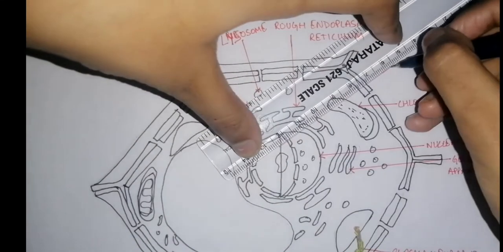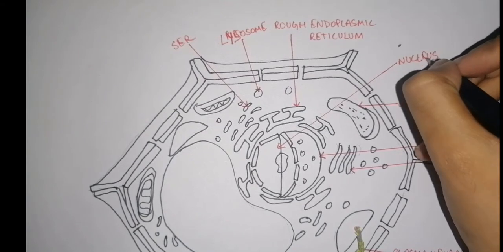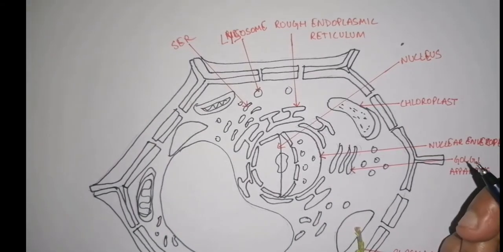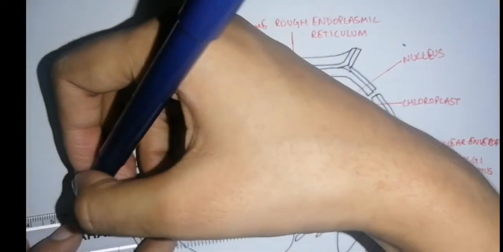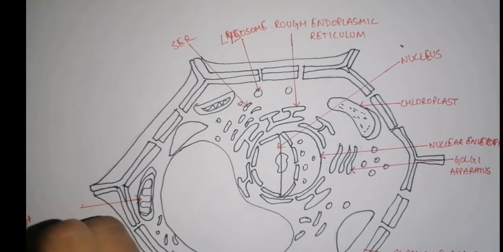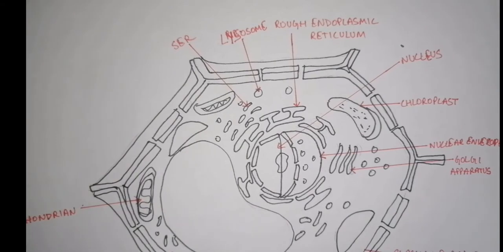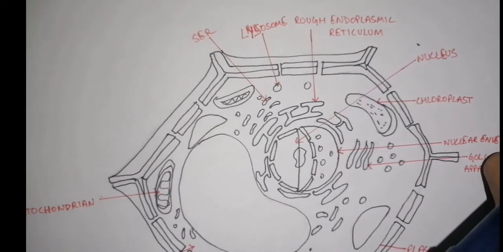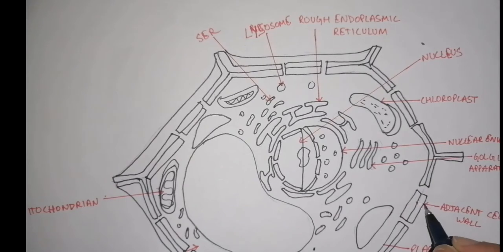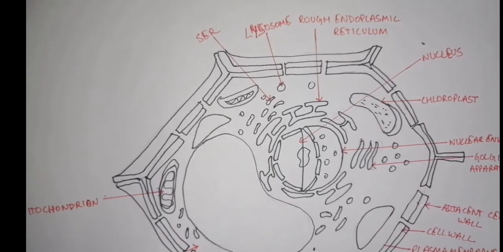This is the nucleus. Then mitochondria. This is adjacent cell wall. Then the cell wall. So the diagram for our plant cell is complete.